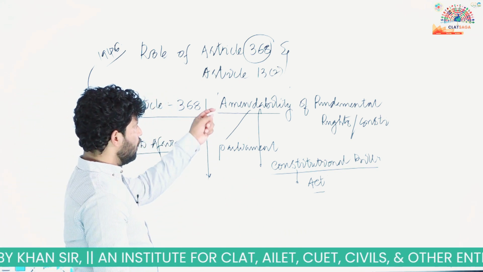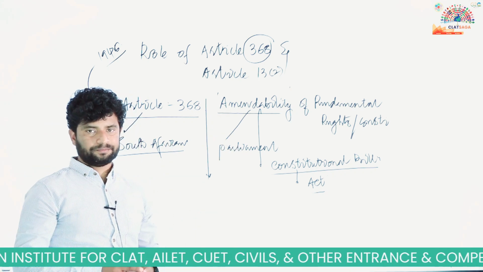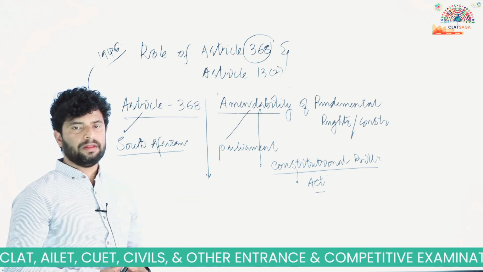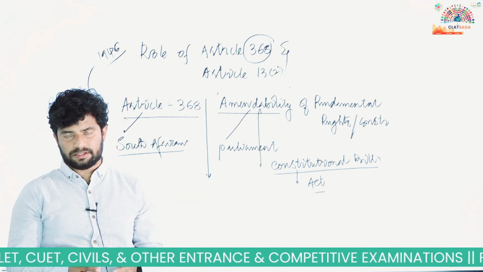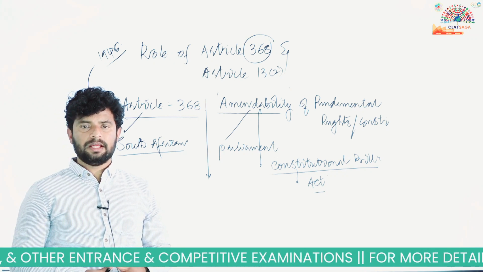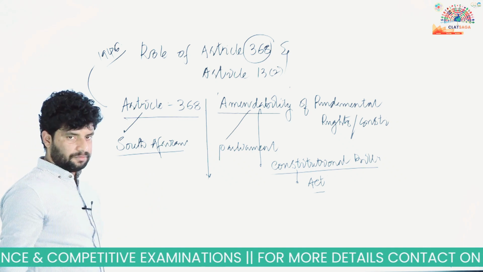So as the amendability procedure in the Constitution of India, two-thirds majority is required for the constitutional bill, either house of Parliament can introduce it, and once the President assents to it, it changes into an Act. So this is the procedure.